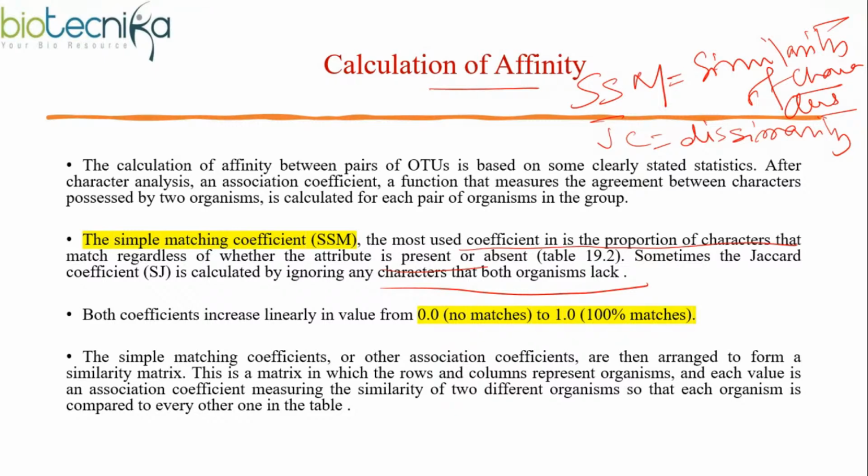That is the most important thing. In simple words, I'm not going into very detail of the concept. There are two aspects of OTU, students: SSM and Jaccard. What do we do with SSM? We find out the similarity of the characters. What do we do with Jaccard? We generally find out the dissimilarity of the characters.